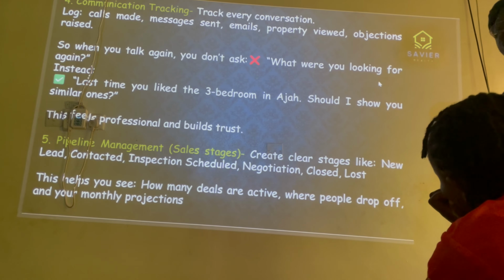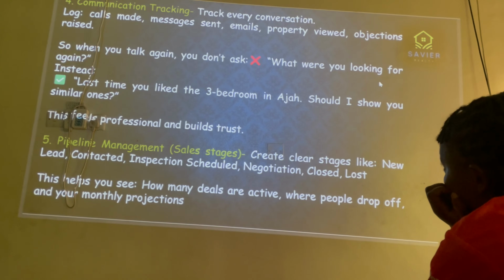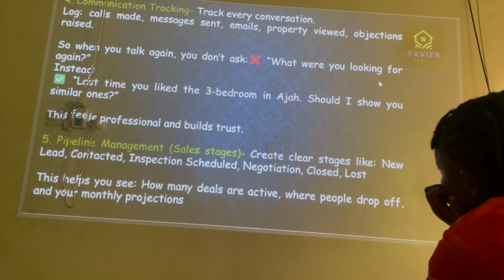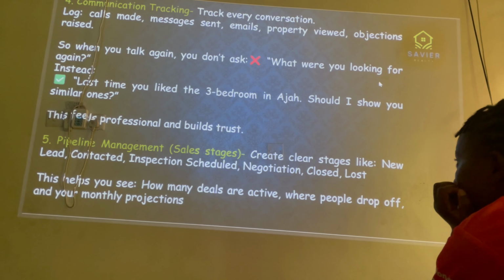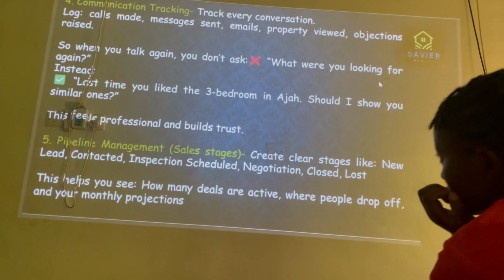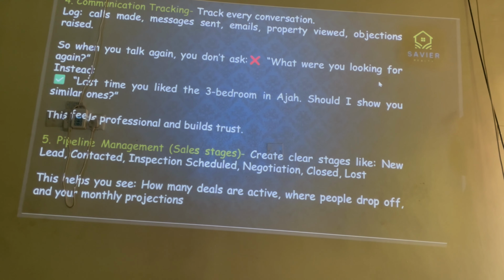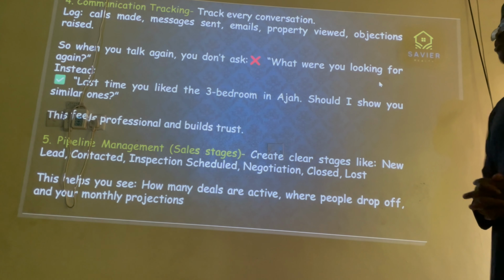You are even asking the prospect what they were looking for. Instead, because you have the record, you say, last time you liked the 3-bedroom, should I send you similar ones? That is the way you should communicate. This looks professional and builds trust.